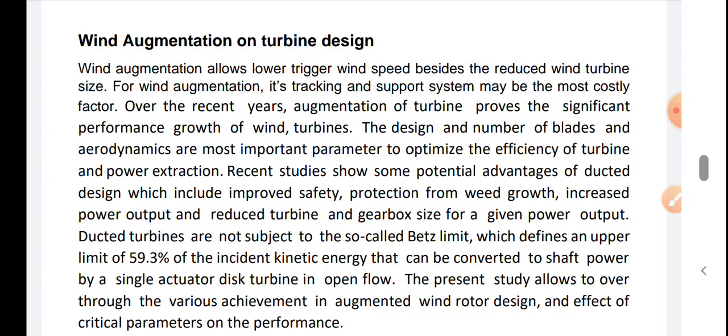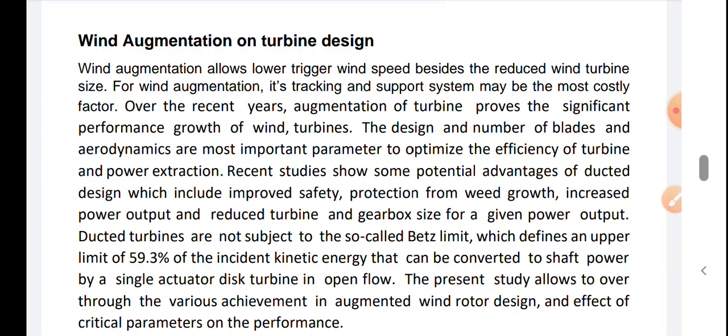So as we are discussing this, we can say that the cost for a particular power generation can be reduced if we use the augmentation technique in the design of the turbine blades.